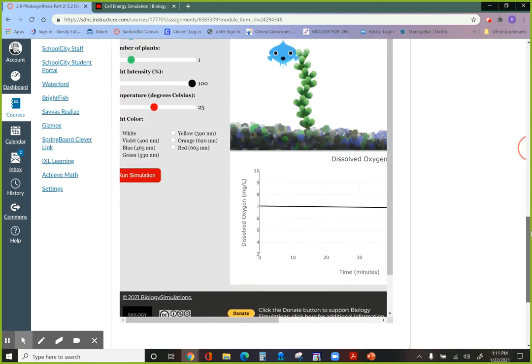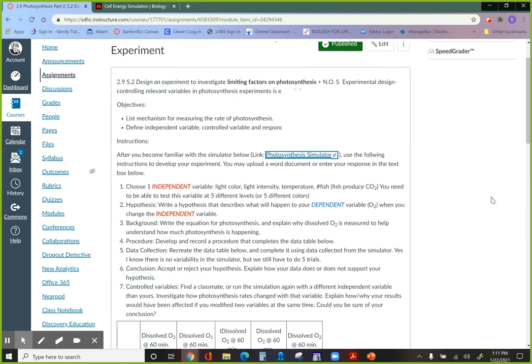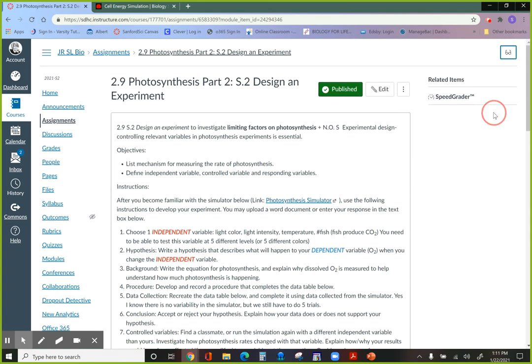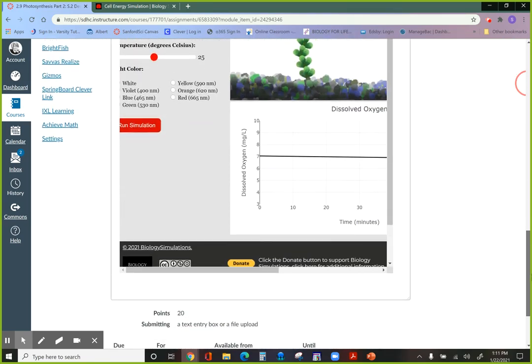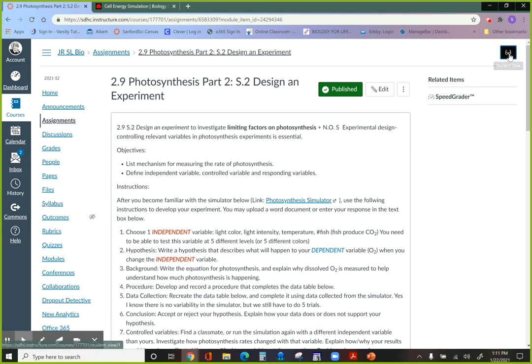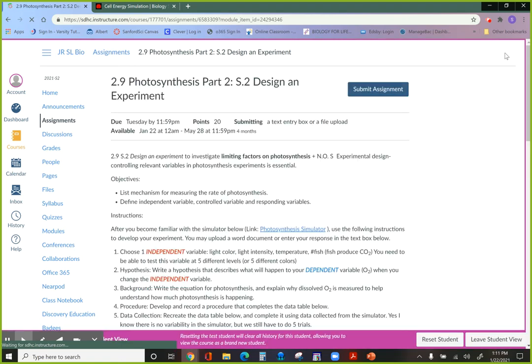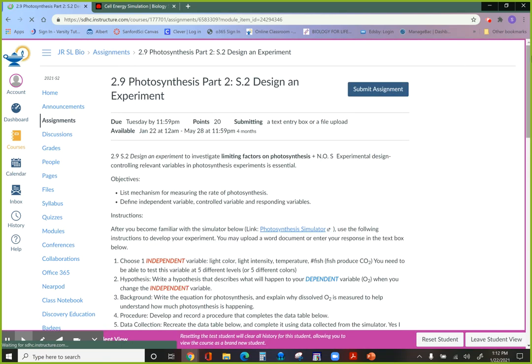You can either type it into the text box. If I'm looking at it like you guys, let's see, where's the student vision? Okay, I think I'm in student vision now. Nope, I'm not. Yeah, this is what yours looks like.